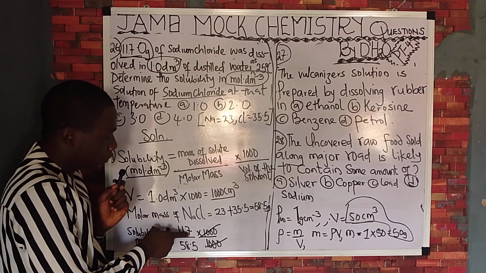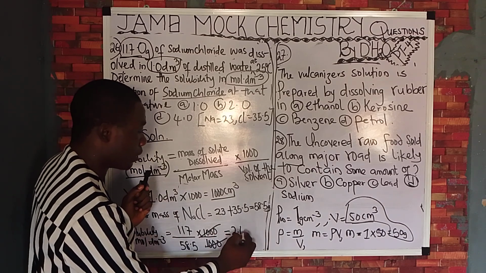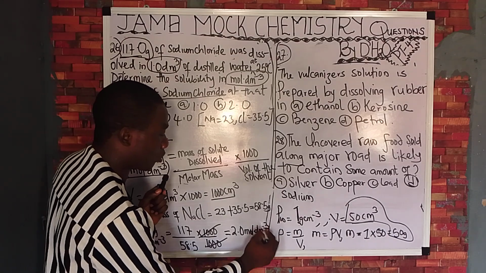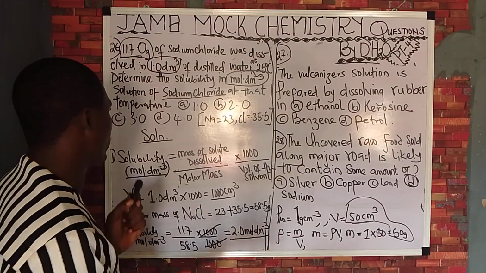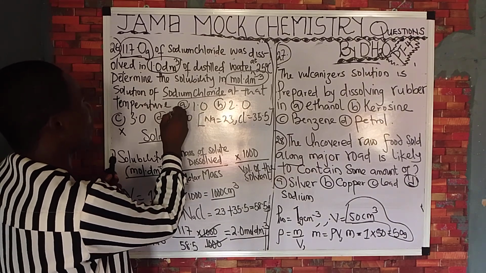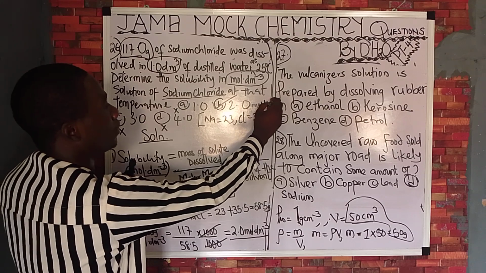You are left with 117 over 58.5, and that will give us 2.0 mole per dm cube. Wow, very easy. Take note of this. Write the formula down. Use it to solve solubility problems in your forthcoming examination. So our answer is not C, it is not D, it is not A. Our answer is B, 2 mole per dm cube.